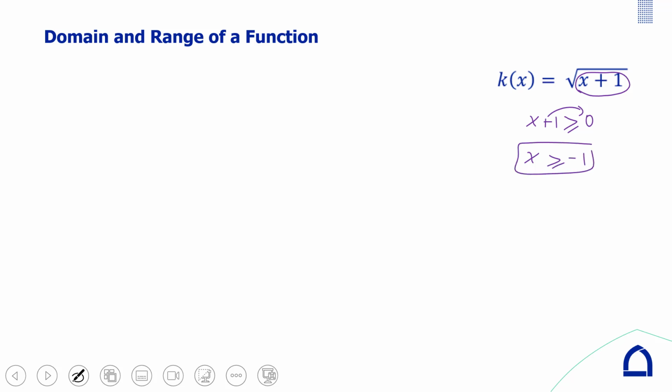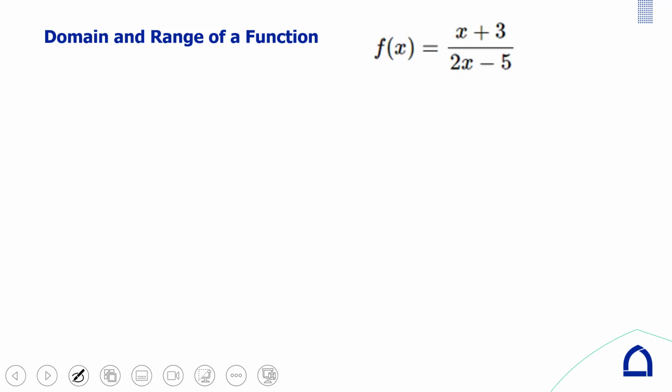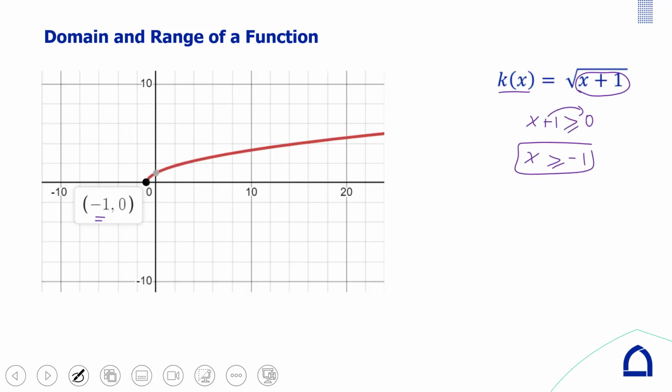So x is supposed to be greater than or equal to minus 1. When you graph it, your graph starts from x equal to minus 1. When you put x equal to minus 1, you have the function equal to 0. And once you increase x to the right of minus 1, you will start having bigger values for the root.